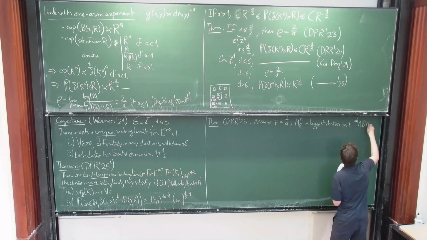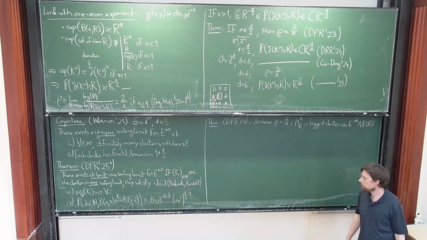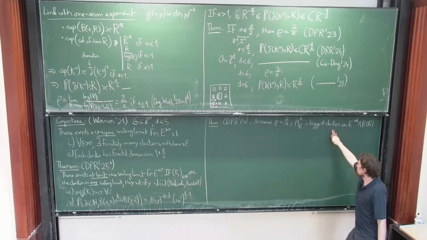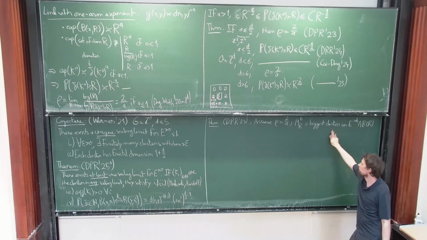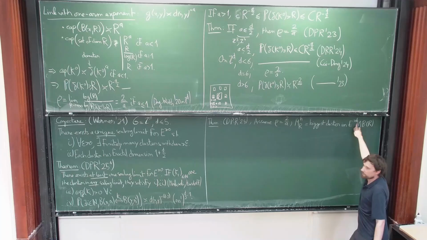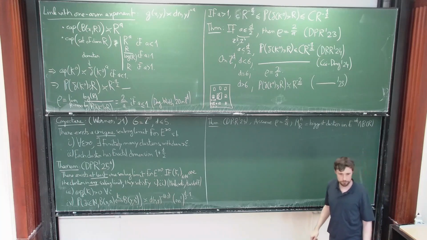at level h in your box of size R. So I'm looking not at the cluster of the origin anymore, but I'm looking at the biggest cluster in my box, and this is typically the kind of cluster that will survive in the scaling limit. Okay, the cluster of the origin, typically it will be small and it will disappear in the scaling limit. And what is h in this one? h is a cluster at level h. Sorry, but it's positive. I mean, it can be anything, so just a definition. Okay.